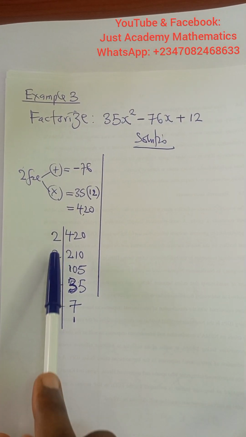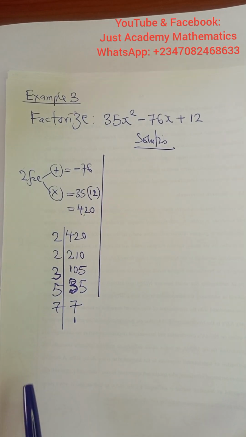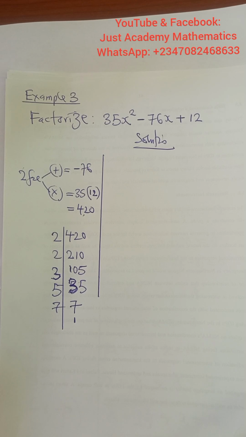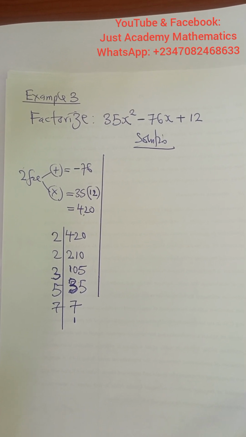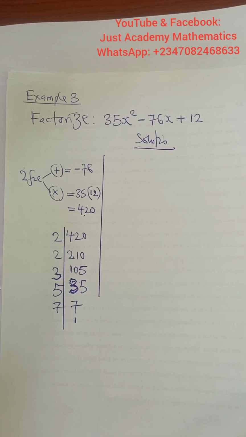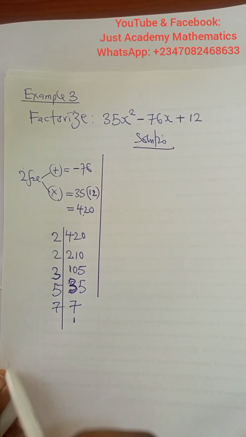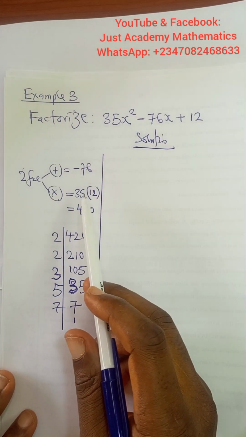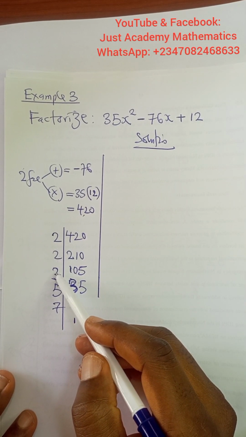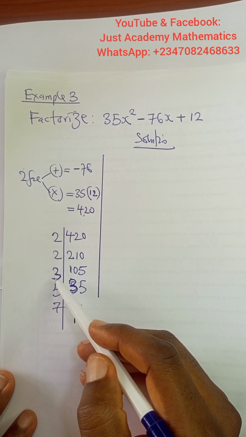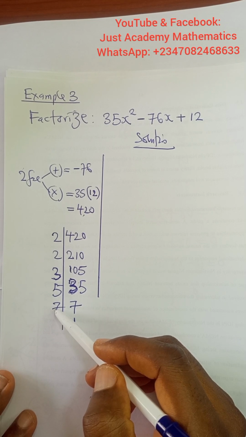So again, we need to merge these factors into two numbers such that we will get 76 and 420. So you have to just reason fast and see how to merge it. 76. This time, 4 times 5 is 20, and 21 cannot give us 76.